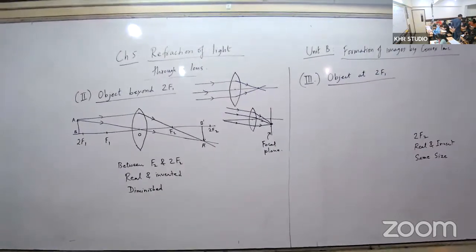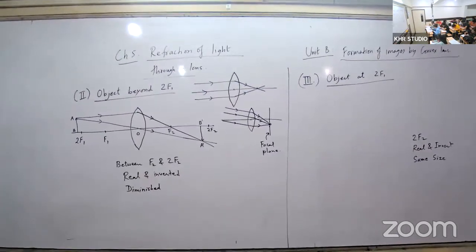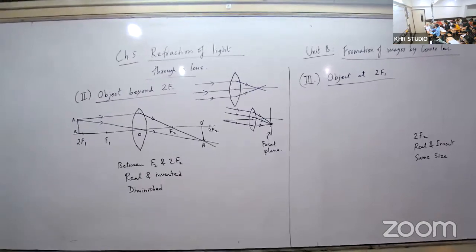Everybody draw the diagram for this. Without the arrow or direction, your ray is incomplete. Object at left.